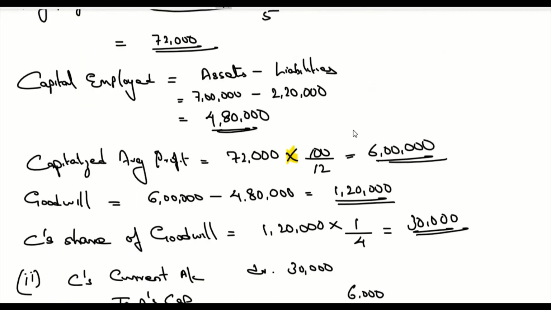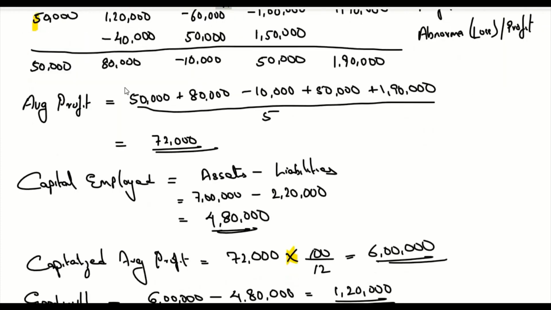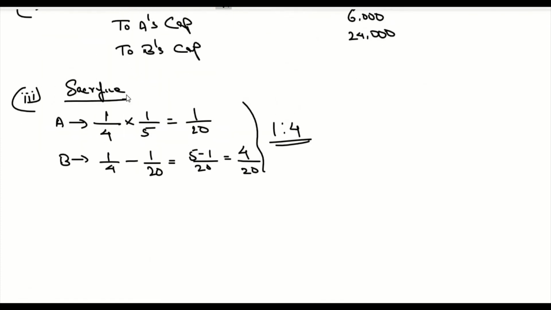Now the third part of the question says calculate new profit sharing ratios. So let's calculate the new profit sharing ratio. For A, his original share is 3/5 minus his sacrifice, which is 1/20.